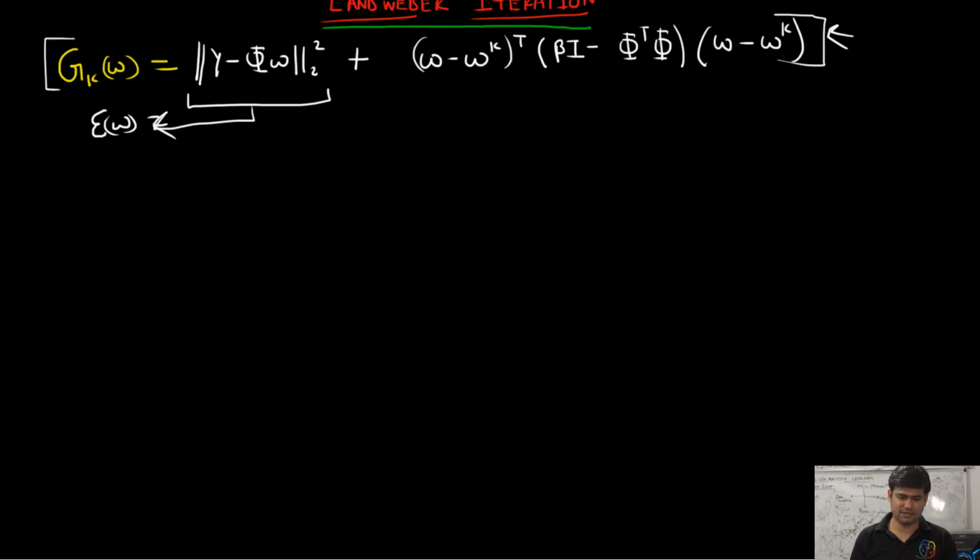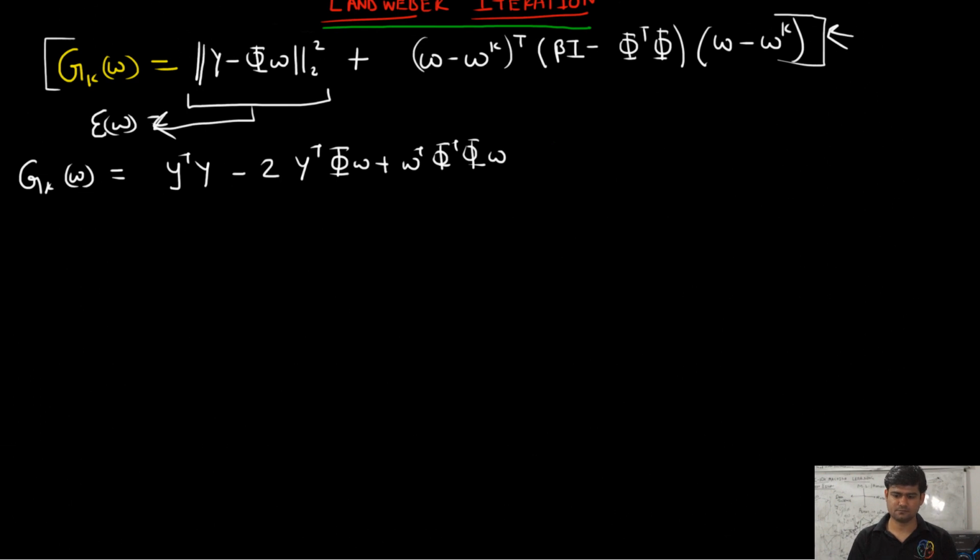So we can expand it as gk of w is y transpose y minus twice of y transpose times phi of w plus w transpose phi times w.